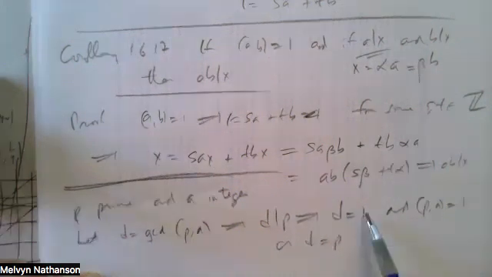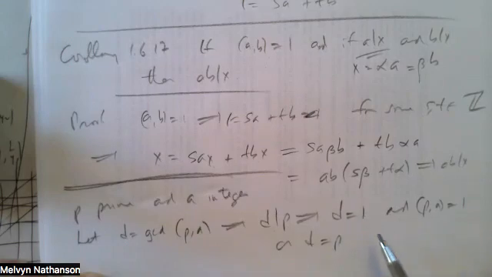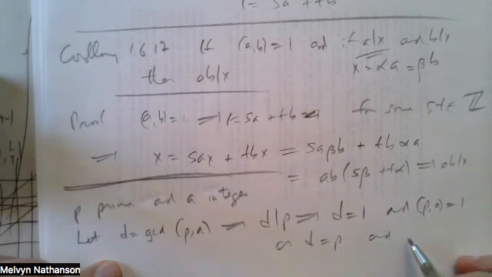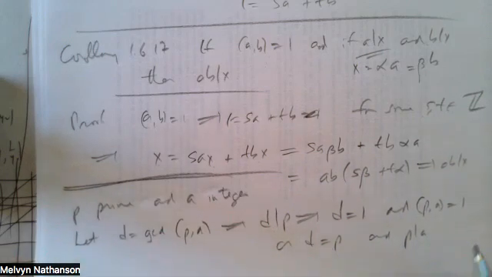Its only positive divisors are itself and 1, P and 1. And then P is the greatest common divisor of P and A, so P divides A.